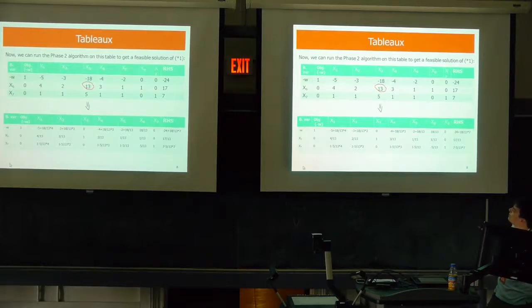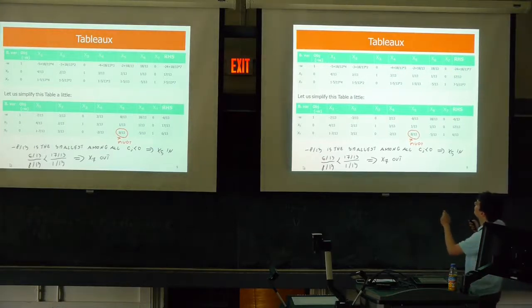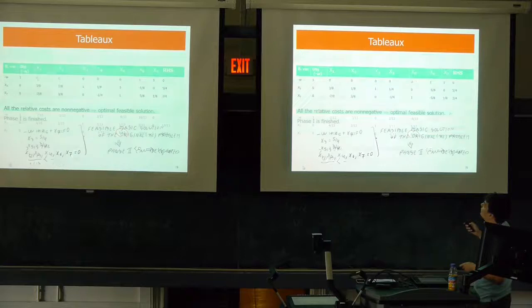You will get, after this pivot, a new system. Again, you check. Now this will be your cost. You see a negative value here. So you choose this column. X5 will come to our basis. And again, after checking these ratios, then you decide to do a pivot here.